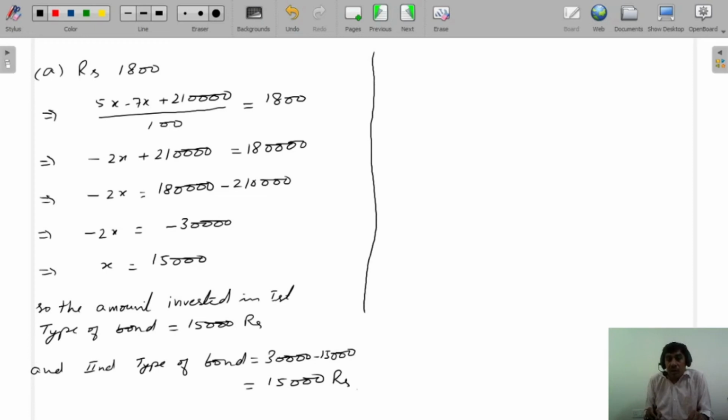Now, if the trust received the total interest as 2,000, then 5x minus 7x plus 2,10,000 is equal to 2,000.